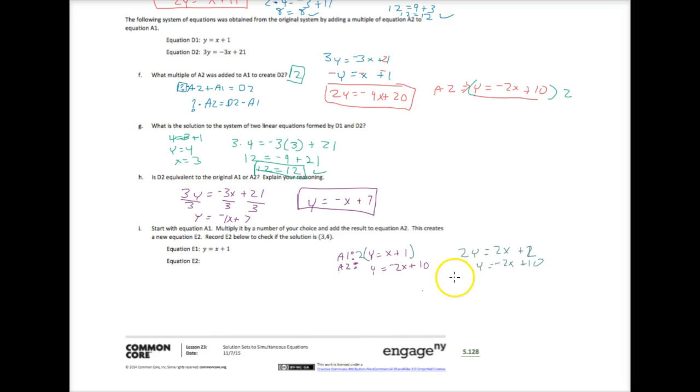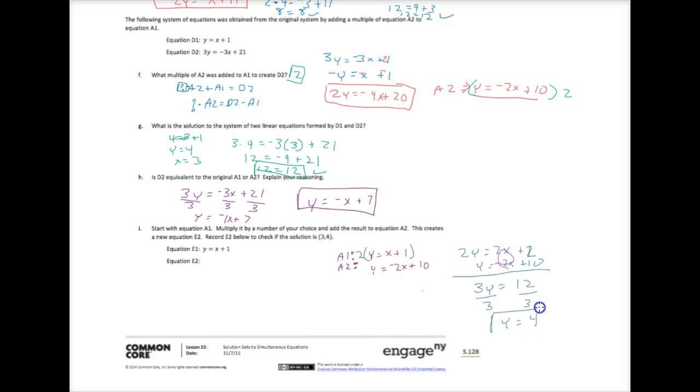So we're going to add these two together, and let's see if you see what I see. Do you see what I see? We get 3y equals, we've got a 0 here. So 3y is going to equal 12. And interestingly enough, that's also an equation, but when we divide by 3, we get y equals 4.